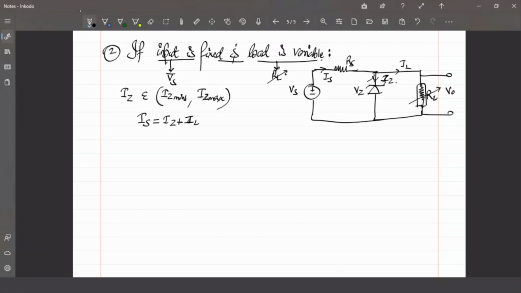Now in this particular case, IL will be how much? Basically IL is the current flowing through the load. Now IL is equal to output voltage divided by the load resistance. Now since the load resistance is variable, IL will become a variable quantity. So if IL is variable and your source current is fixed, then that means your Zener current should also be variable in order to keep this source current same.